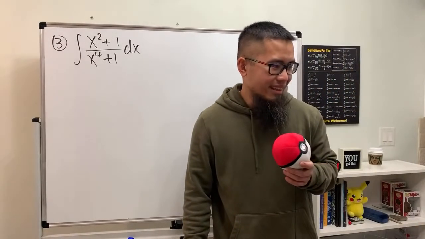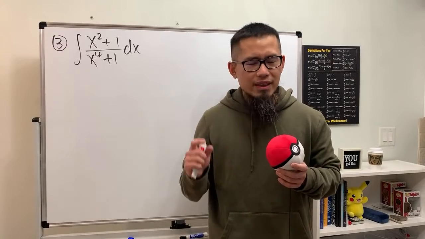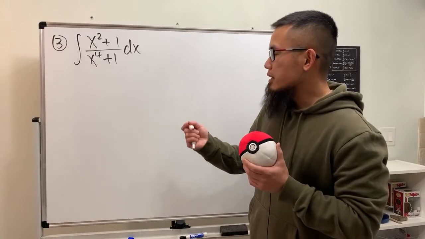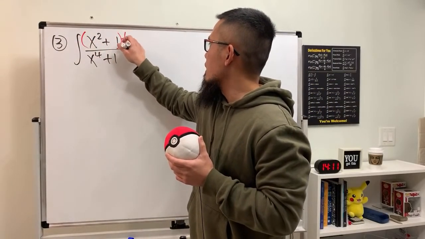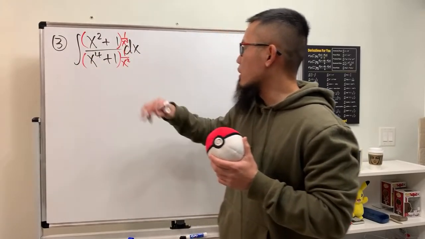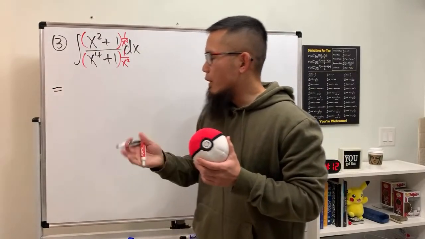All right, Abdul Jabbar, thank you for your suggestion. You said divide everything by x squared. That's perfect, and that's exactly what we are going to do. So here's the deal. We are going to divide, which is the same as multiply by 1 over x squared. Let's see what will happen. This is going to work out very nicely, you will see.